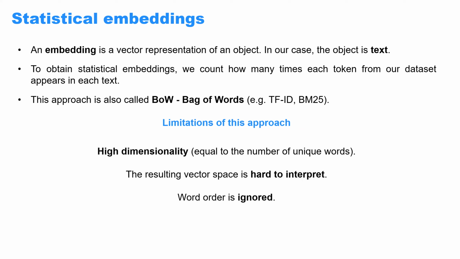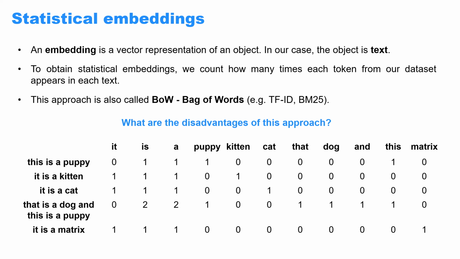The other problem is that it is a very high dimensional method, because we have a matrix of size equal to the unique tokens in our data set, which could be thousands, millions, and even more.